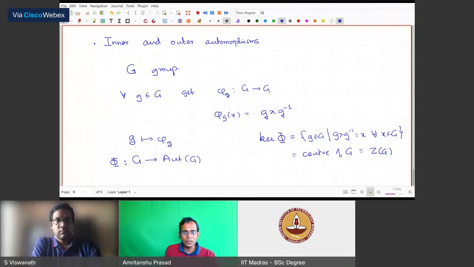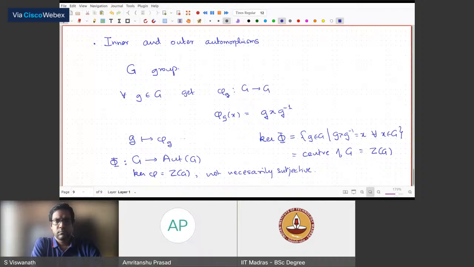So every phi sub g is the trivial automorphism, and so this is the trivial homomorphism from G to the automorphism group of G. So there's an example where this is not surjective. So this is not necessarily injective, the kernel of Phi equals the center of G, and also not necessarily surjective.